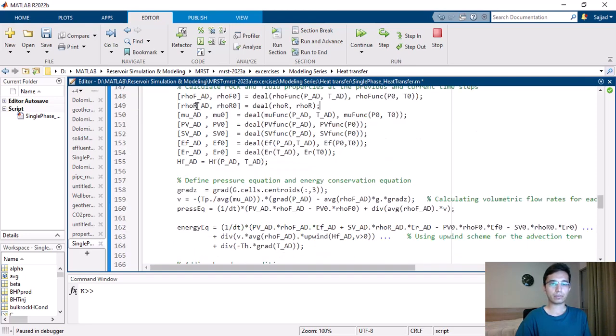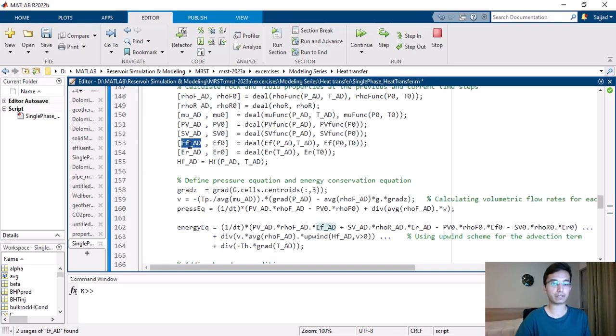All right, so here we have calculated the viscosity of water for the previous time step and the current time step as a function of pressure and temperature. Here we have calculated the pore volume of the rock, the solid volume or the volume of the grains of the rock, the enthalpy of water, and the internal energy of water, which are specific values.